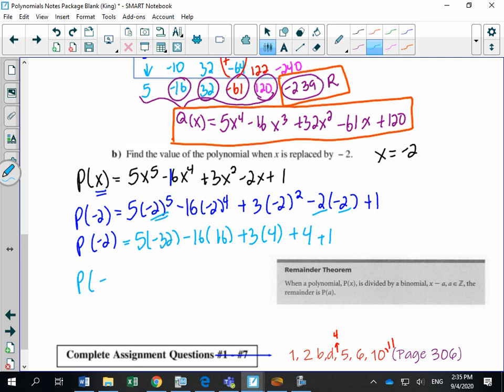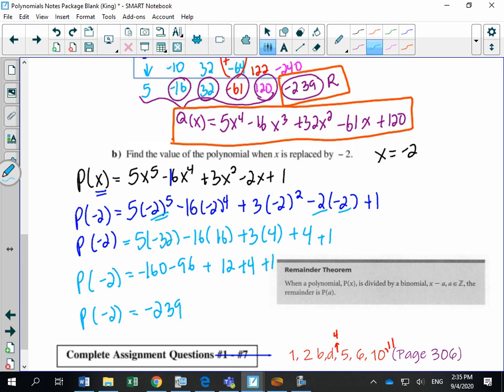So p of -2 is equal to -160 minus 96 plus 12 plus 4 plus 1. And p of -2 is equal to -239.